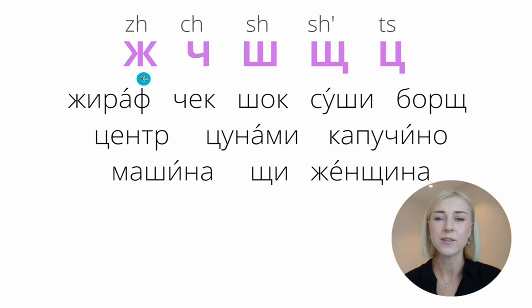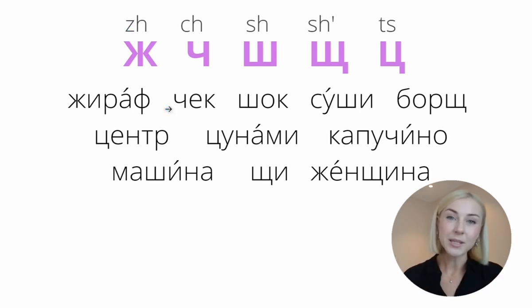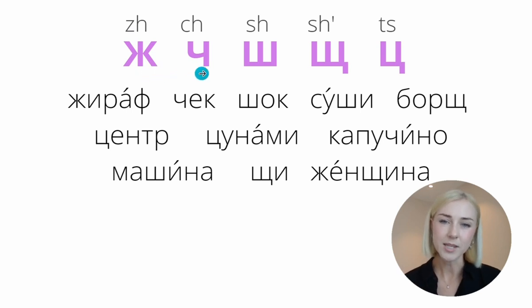Let's get started with the first one. It's zh. Zh. This letter reminds me a beetle, and the beetle that is flying around makes the sound zh, right? So actually the sound of this letter is zh.